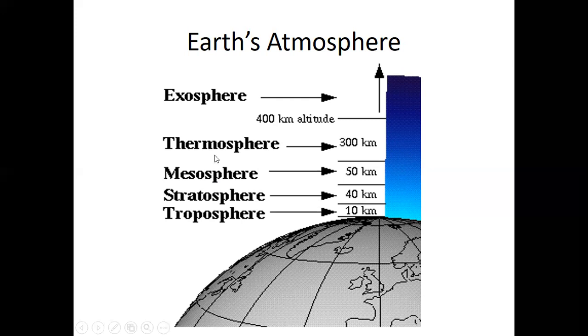From highest to lowest, the five main layers are exosphere, thermosphere, mesosphere, stratosphere, and troposphere. The air layer that we live in is the troposphere. The ozone gas layer is available in the stratosphere.